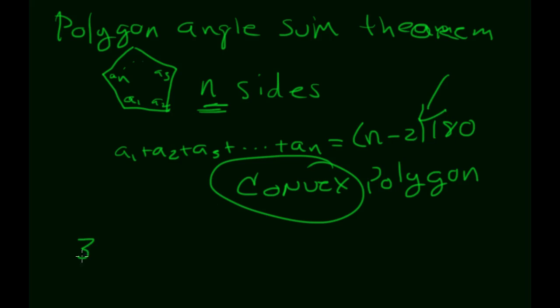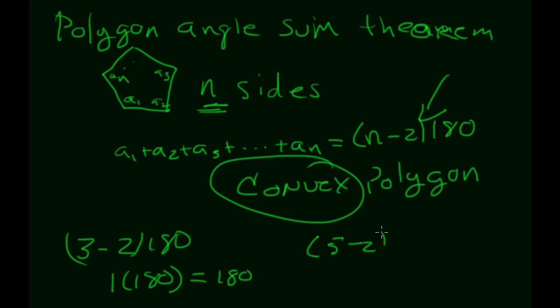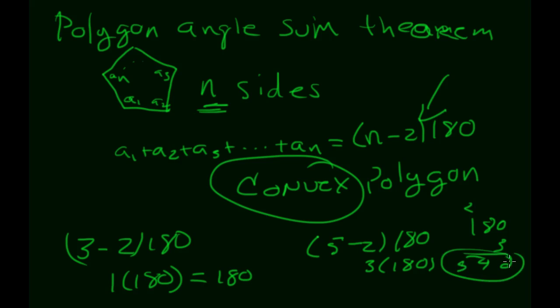So like if it's a triangle, it's 3 minus 2 times 180, which is 1 times 180, that's 180. If it's a pentagon, it's 5 minus 2 times 180, which is 3 times 180. So let's see, 3 times 180, that's 540 degrees, right? So this is how we can find the sum of the angles of a convex polygon.